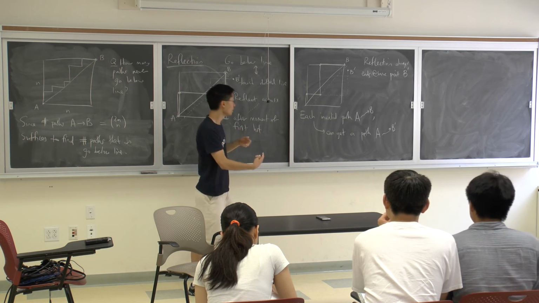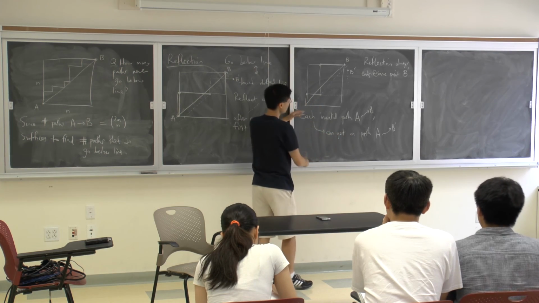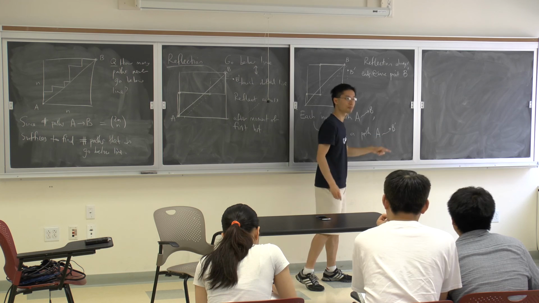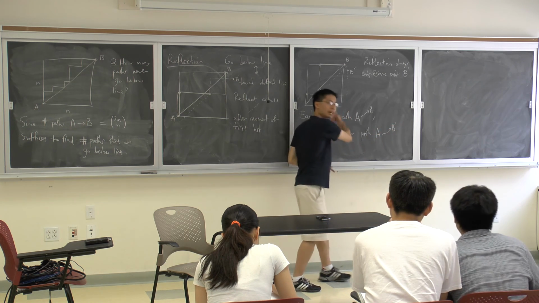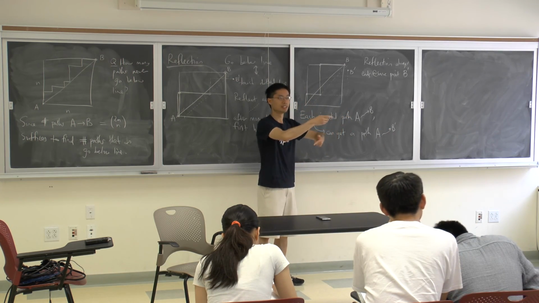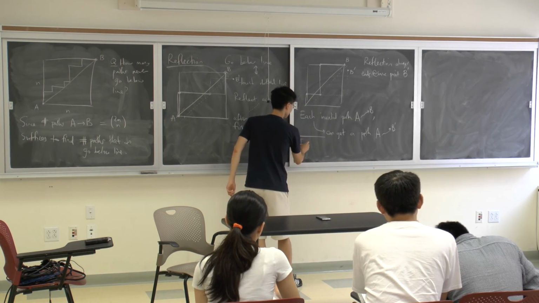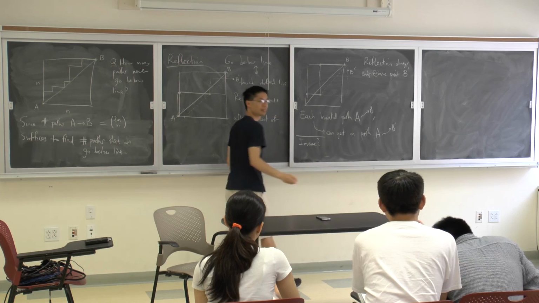Does that make sense? To show that I have a bijection, it's enough to show that there's a function that goes from here, where anything in here gives me something from there, and another one where anything in here goes to there, and they are inverses of each other. So what's the other way? What's the inverse? There's another reflection.